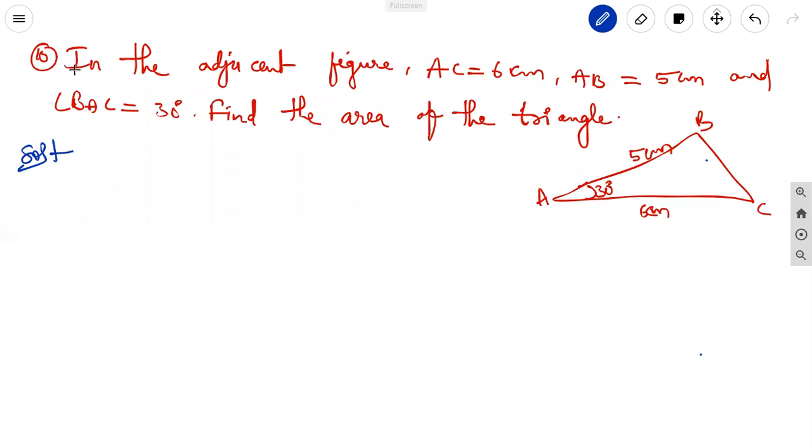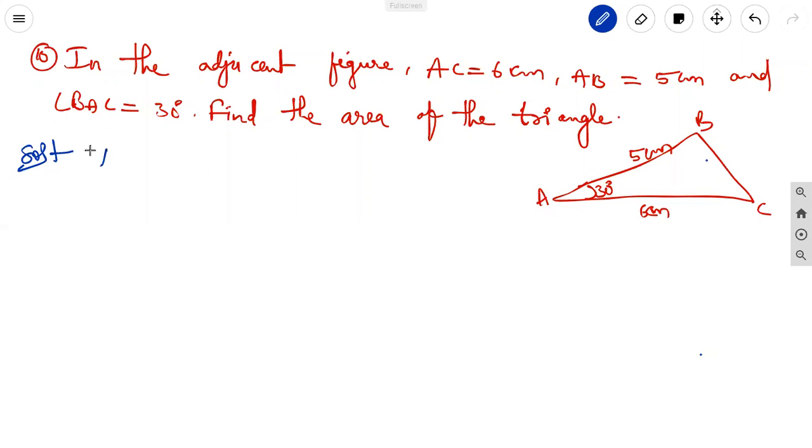This is the last problem in the 12.1 exercise. In the adjacent figure, AC equal to 6 centimeter, AB equal to 5 centimeter and angle BAC equal to 30 degrees. Find the area of the triangle. If this triangle is ABC with angle A 30 degrees, AB length is 5 centimeter, AC length is 6 centimeter.